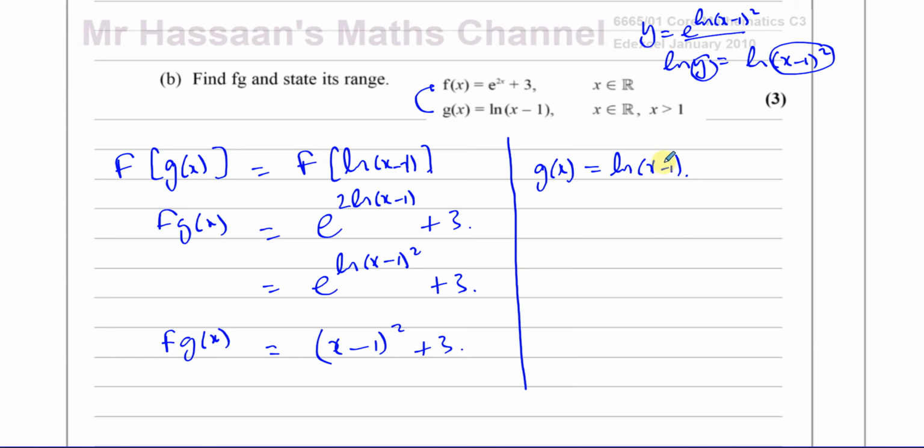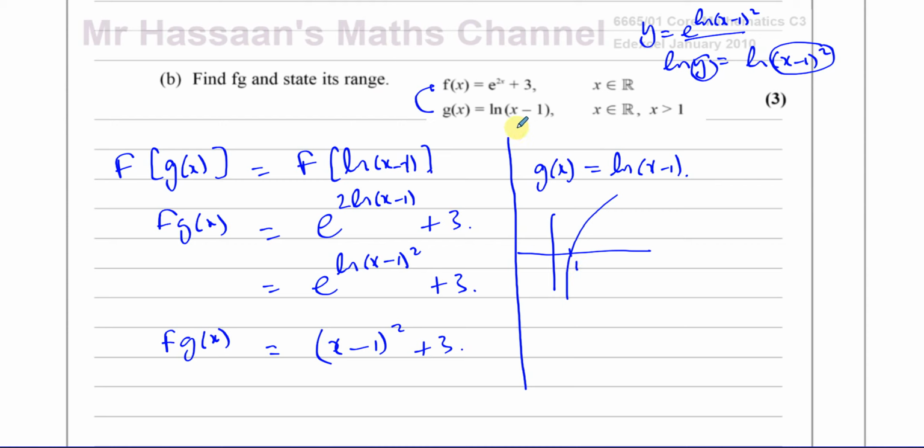Okay, what is the range of this function? The output. Now here, they've told us that g is limited in its domain to all x values greater than 1. If we think about the function ln of x, it looks like this. Okay, this is 1.